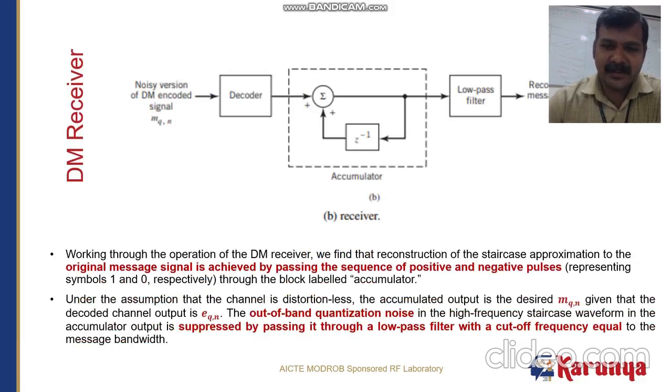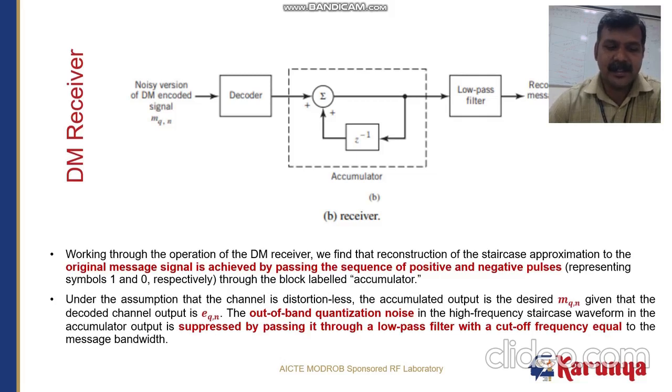Working through the operation of the delta modulation receiver, one can find the reconstruction of the staircase approximation to the original message signal is achieved by passing the sequence of positive and negative pulses, representing symbols 1 and 0 respectively, through this block called the accumulator.